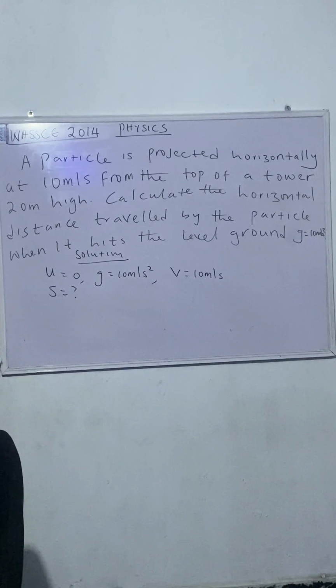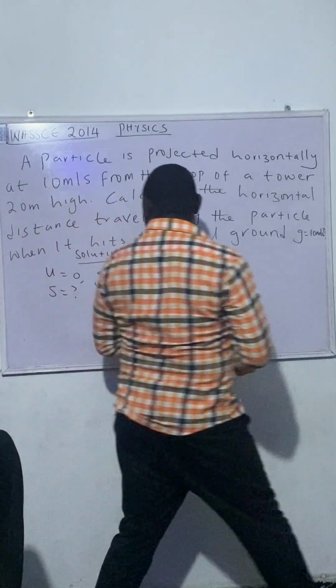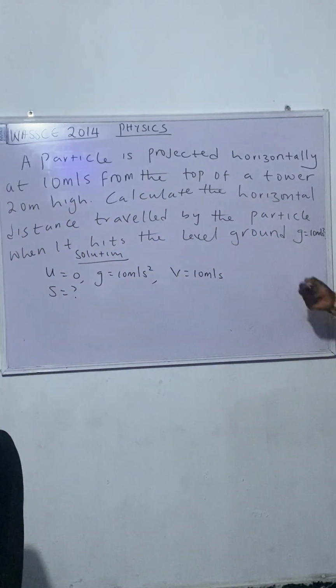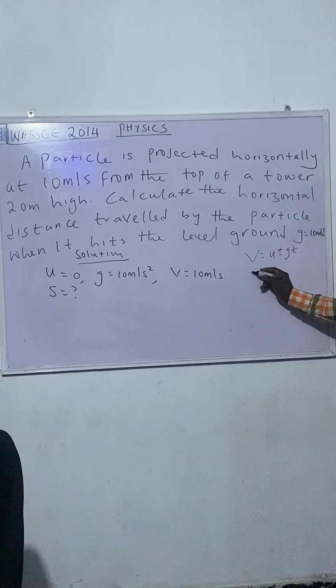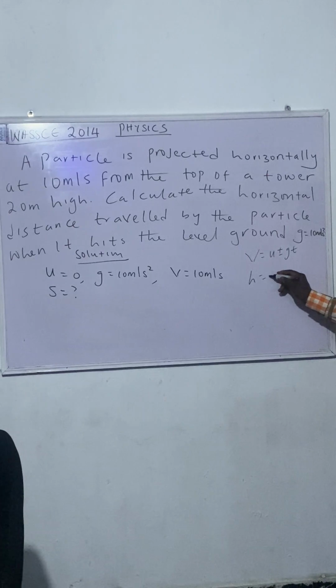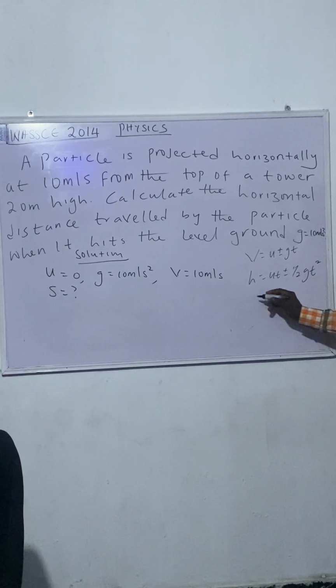And anytime you are given something like this, you remember v equals u plus or minus gt, and then h equals ut plus or minus half gt squared, and then you have this.